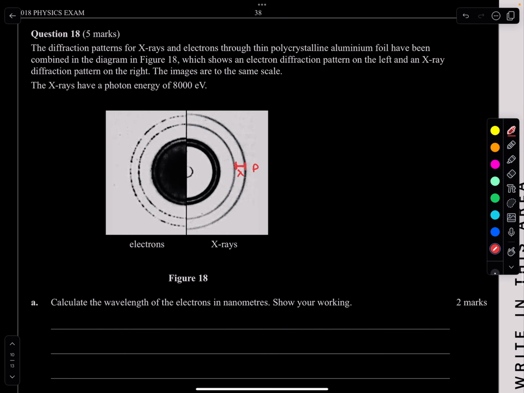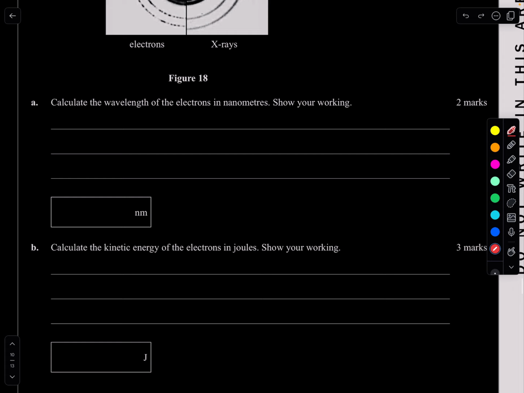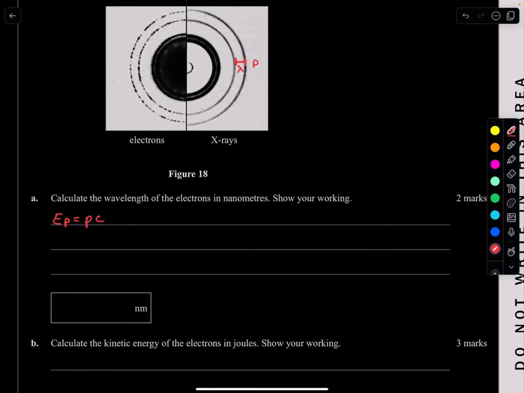So we just have this information, which is the energy of the photons. What I'm going to try to do is get the momentum, because the momentum is the same for both. But remember, the energy is different. Don't equate energies. Looking at my formula sheet, the energy of a photon is p, your momentum, times the speed of light.